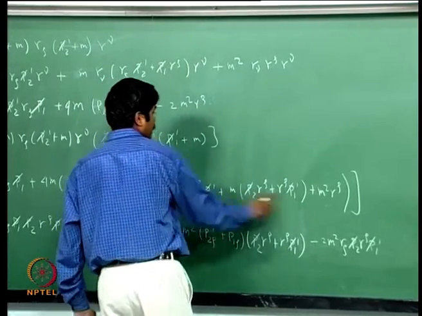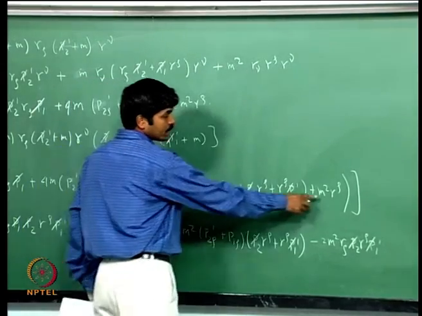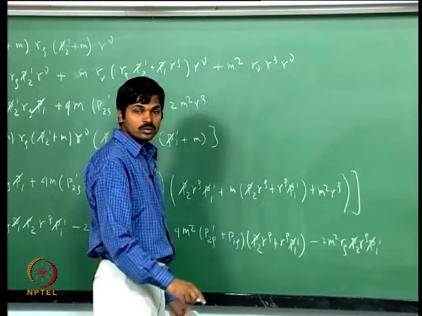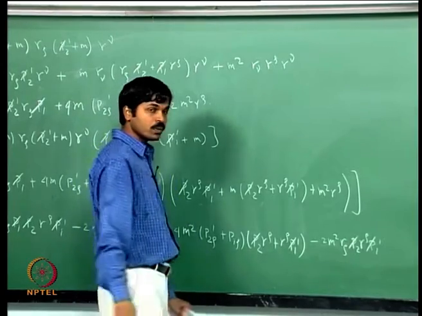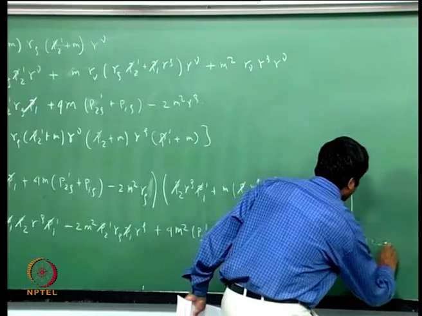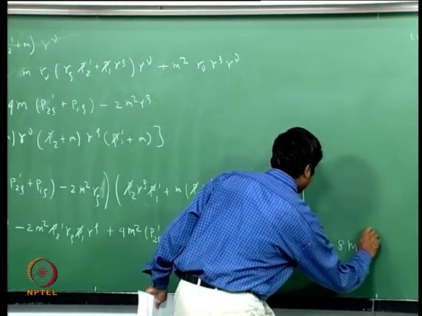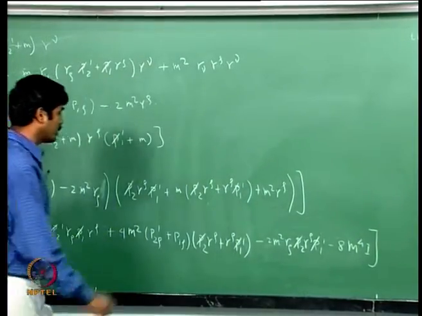Finally, this multiplied with this will give me minus twice m fourth gamma rho gamma rho, but gamma rho gamma rho is 4. So, this will give me minus 8 m fourth times the identity matrix. This is what I got.